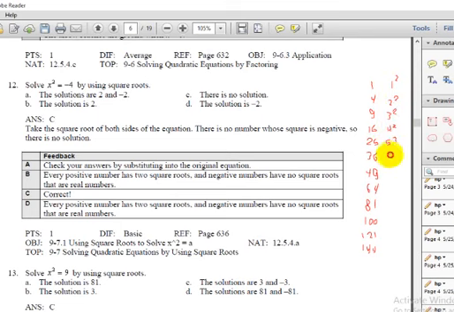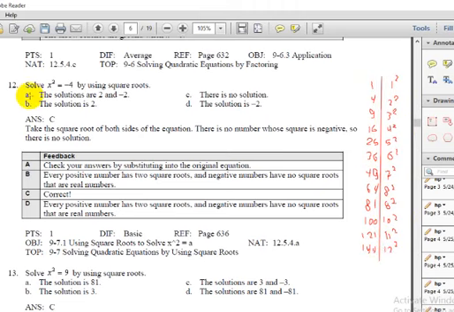Perfect square numbers. 6 power 2, 7 power 2, 8 power 2, 9 power 2, 10 power 2, 11 power 2 and 12 power 2. Remember perfect square numbers? Please remember it. So important.